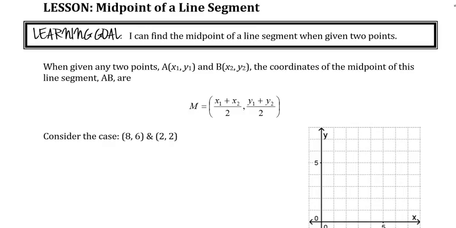But when given any 2 points A and B, I can use this equation to find the midpoint of that line segment. Another thing that's important about this unit: if you drew that triangle from the homework and saw that it was scalene and just said therefore scalene, well, you're right, you can kind of look at it, but what we're learning in this unit is how to algebraically prove that things are true, okay?